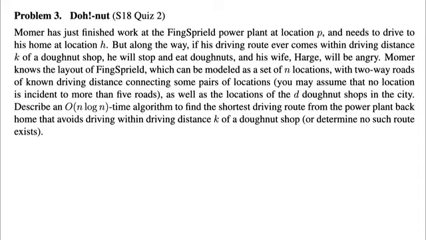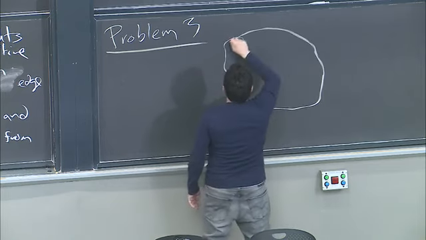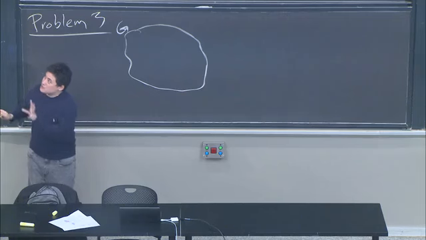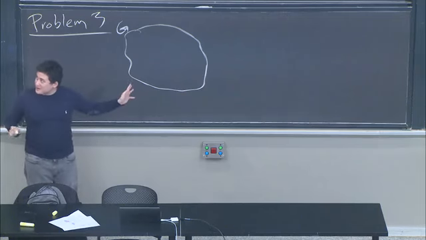Okay, so let's see if we ran Dijkstra from P to H. Okay, so we've got a graph here. This is a word problem, so there's no graph given. So I have to define a graph.